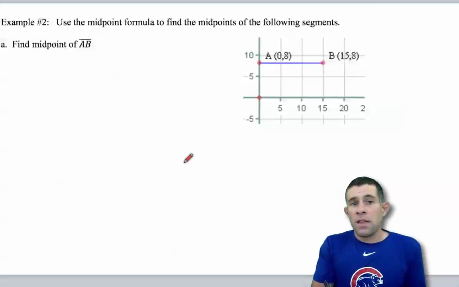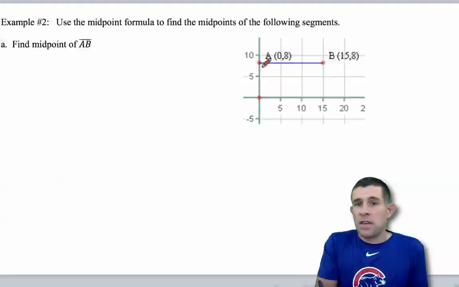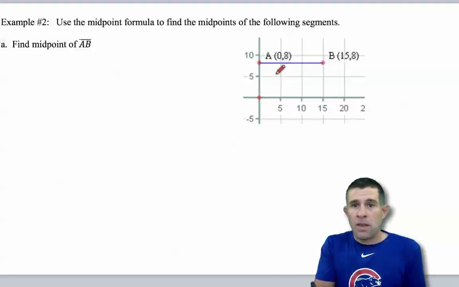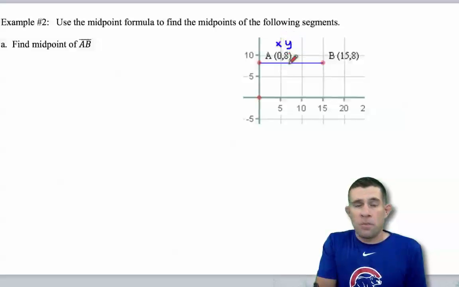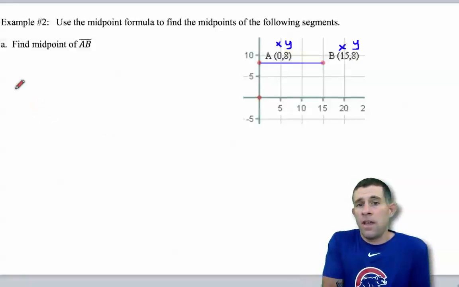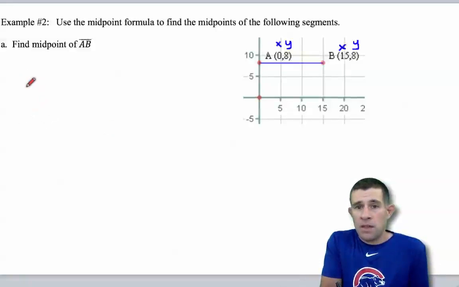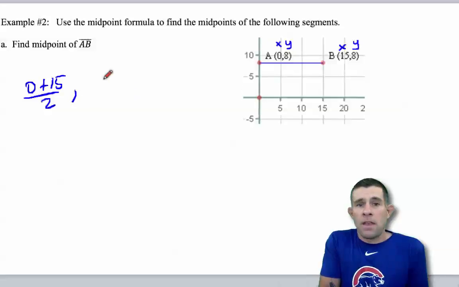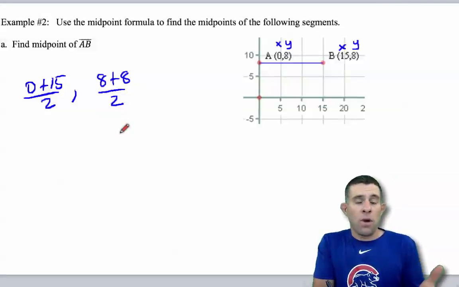All right, let's take a look at example number 2. I see I have segment AB graphed here on my coordinate plane, and I want to find the midpoint. So x and y of coordinate A and x and y of coordinate B are going to be used in order to find that. I'm going to start off by averaging my x's: 0 plus 15 divided by 2, and then 8 plus 8 divided by 2 is the average of my y coordinates.